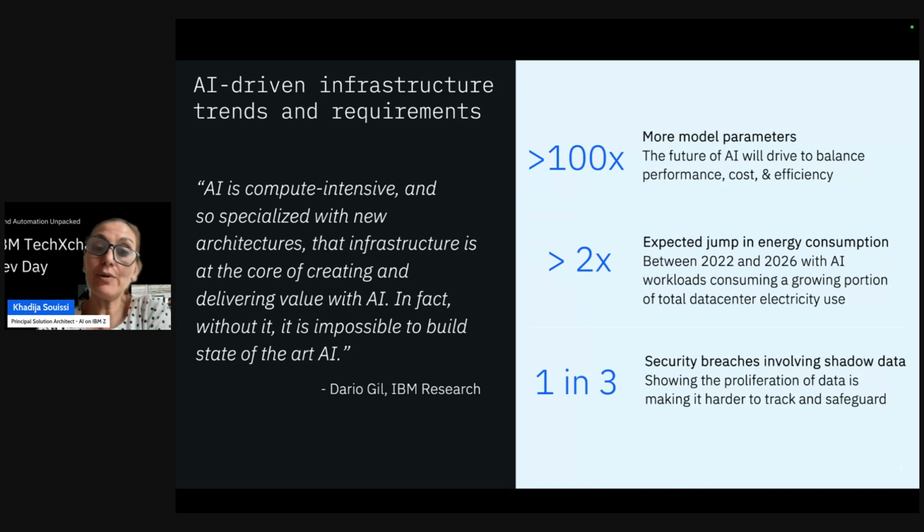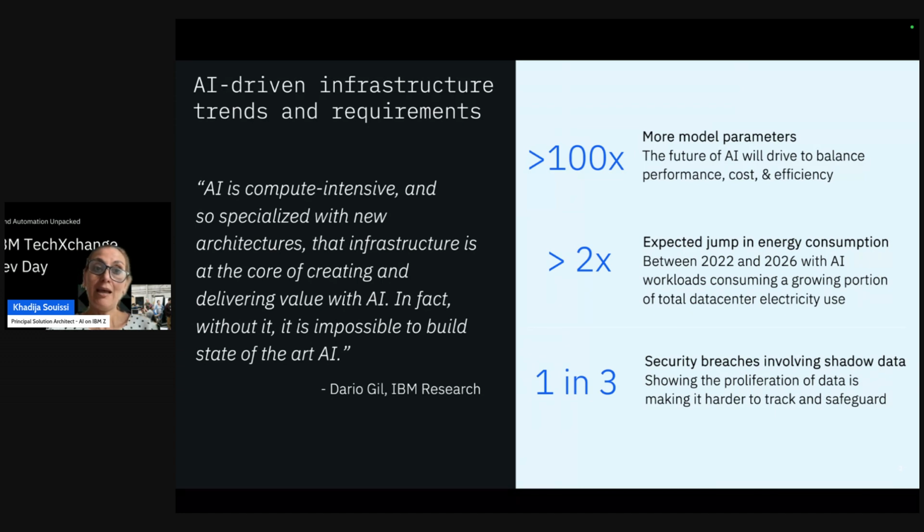First of all, if we look at the hype around AI, agentic AI, and all the evolution that we have been seeing in the last years, we see a lot of new requirements coming where the AI workload needs hardware and a lot of infrastructure capabilities in order to make AI happen.